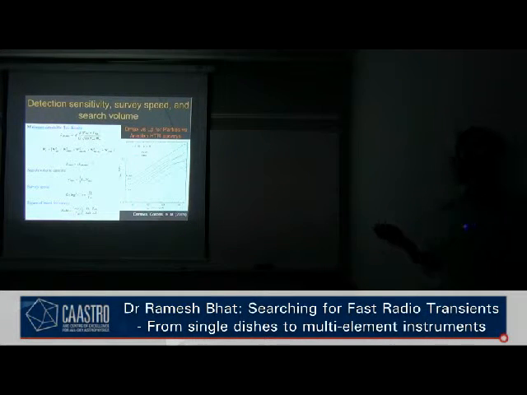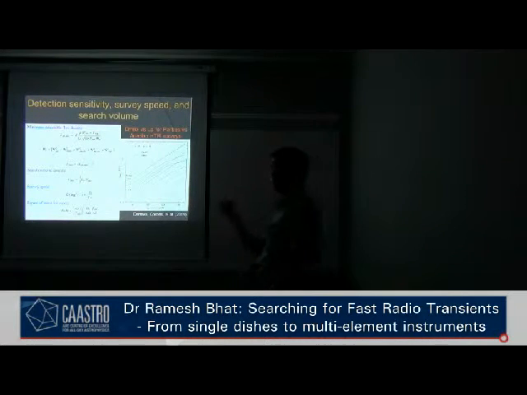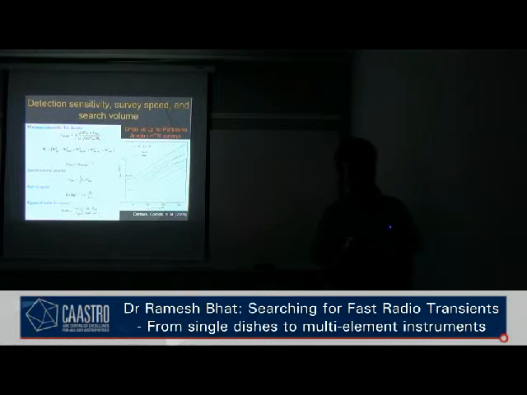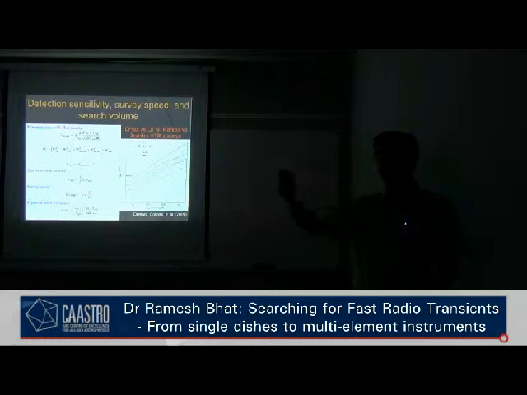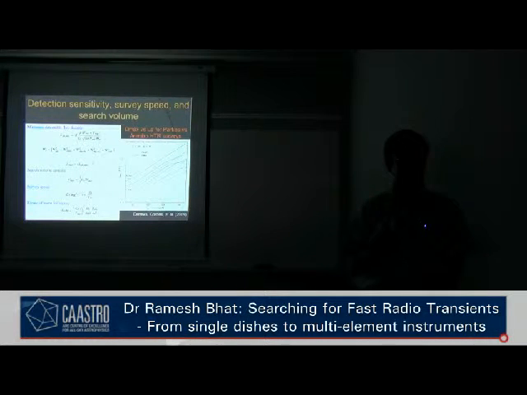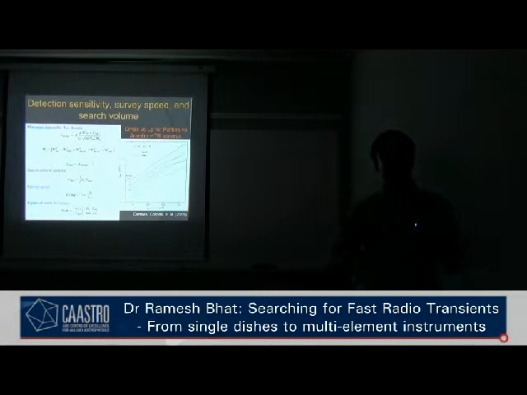That's all. But it's important to recognize that there are lots of instrumental and other effects that come into play. For instance, you will obviously be sampling the data at finite time resolution, which means any signal that is shorter than that will be instrumentally broadened. Then you also will have some amount of smearing depending on how you are sampling in the dispersion measure.